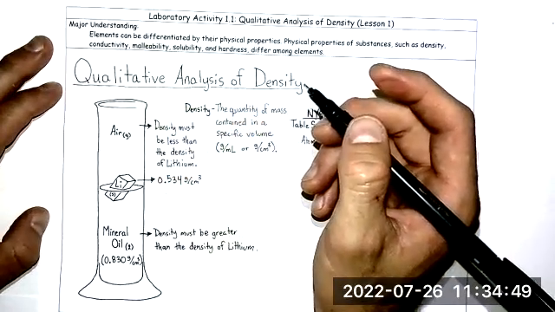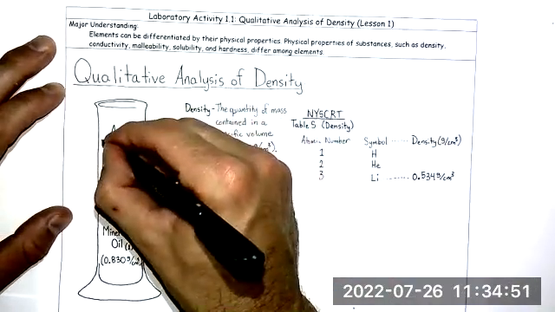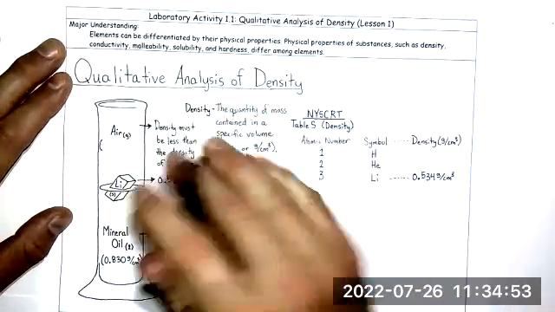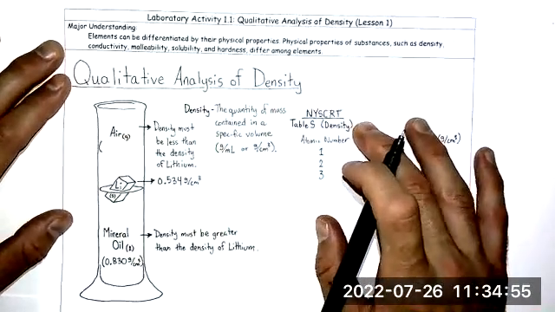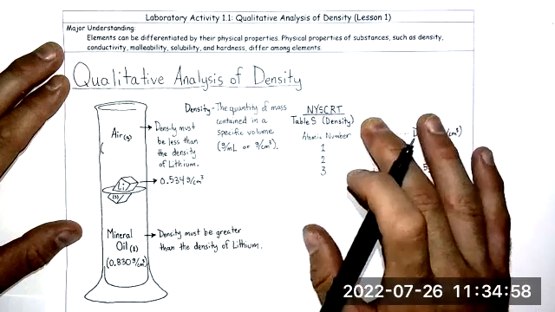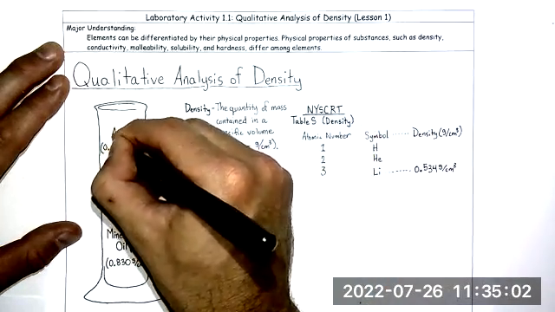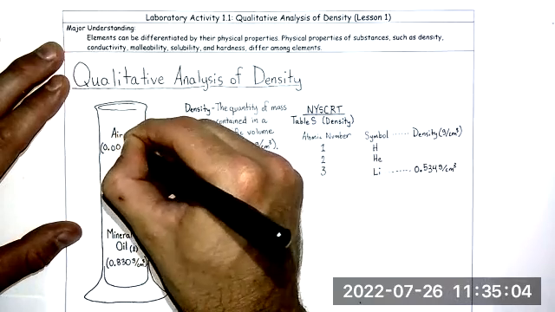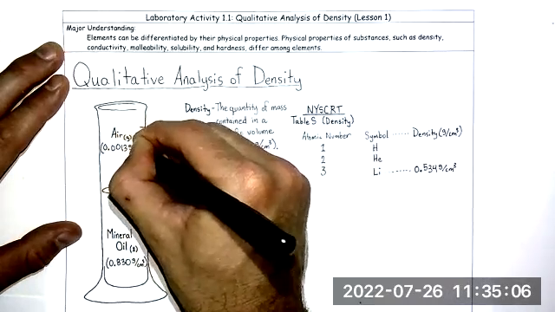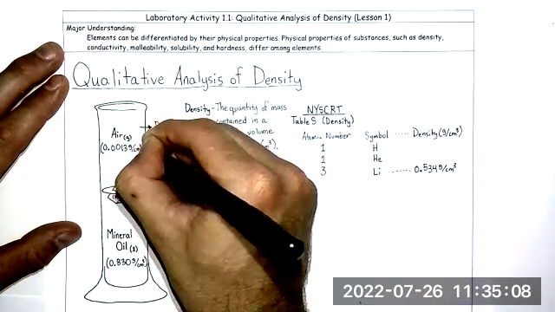If we look up the density of air, it also is not going to appear in our New York State chemistry reference tables because it's not an element, but it has a density of 0.0013 grams per centimeter cubed.